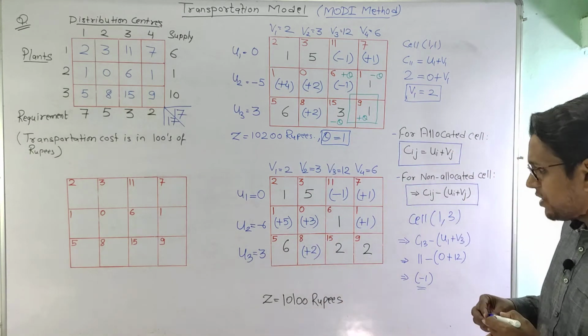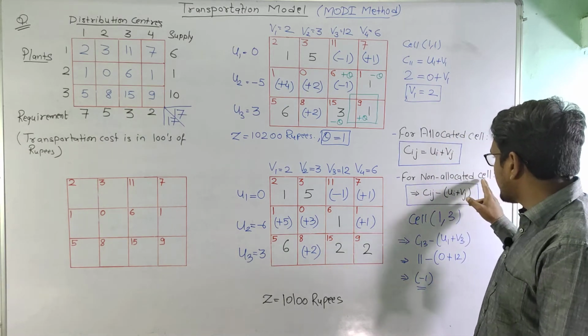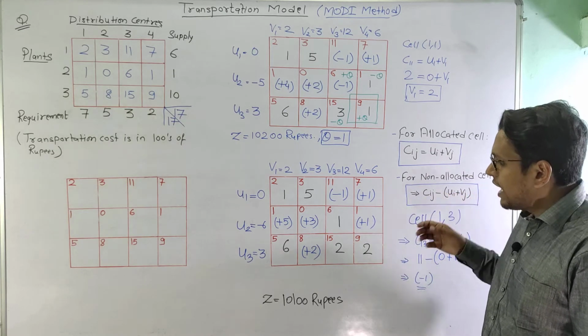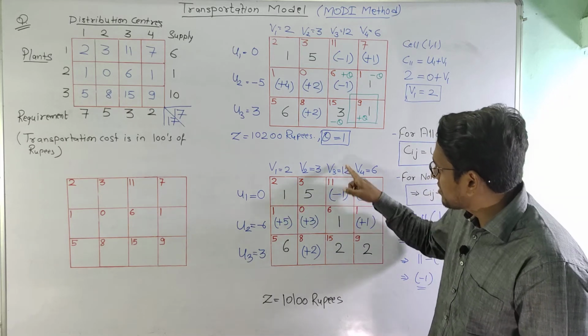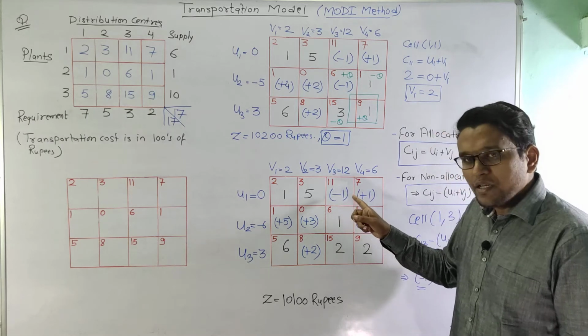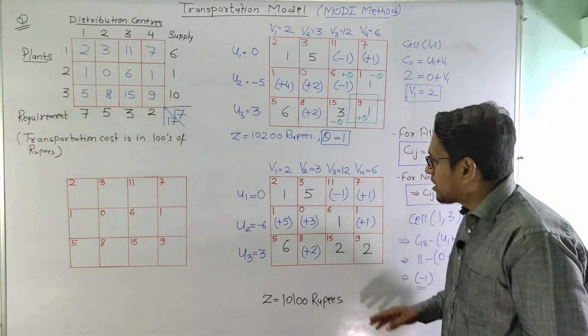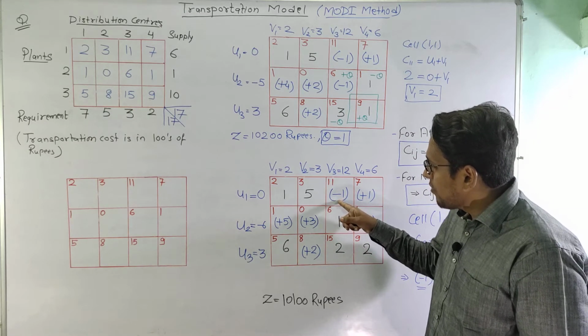So again we have calculated the values at non-allocated cells as Cij minus (ui plus vj), and we found that there is one cell, cell number 1 3, which is showing a negative value, and this shows that if I allocate 1 unit here, the overall transportation cost will decrease by 1 unit.